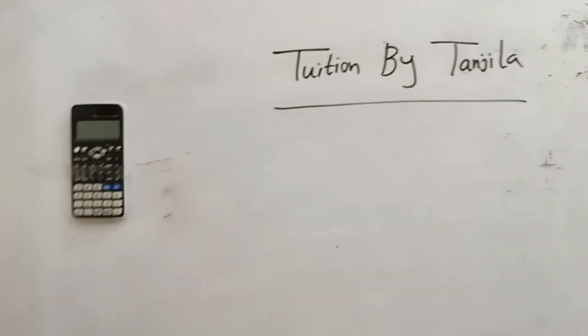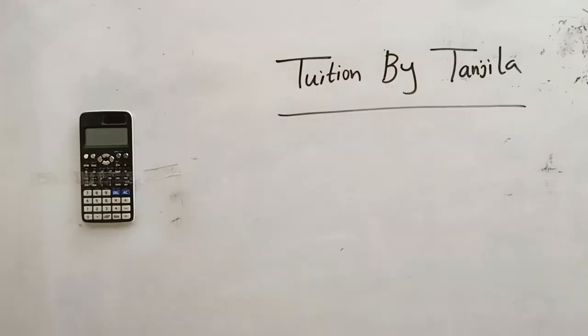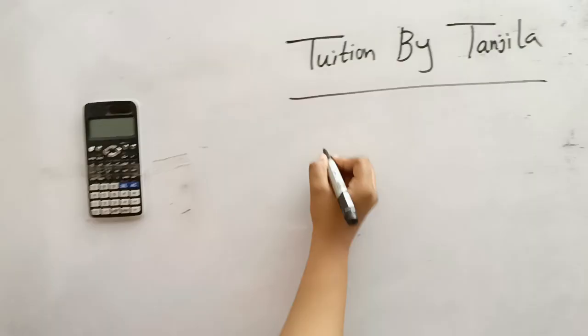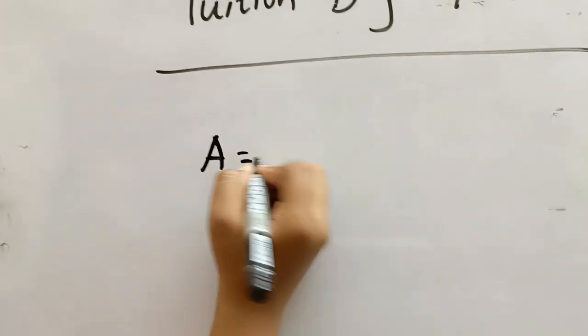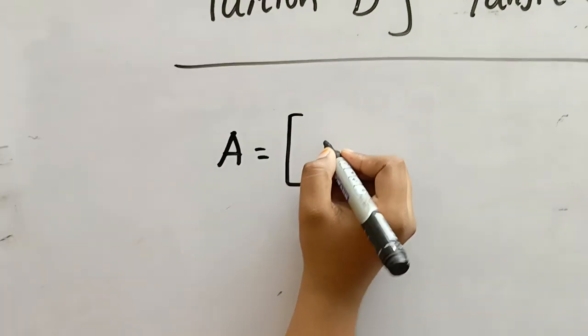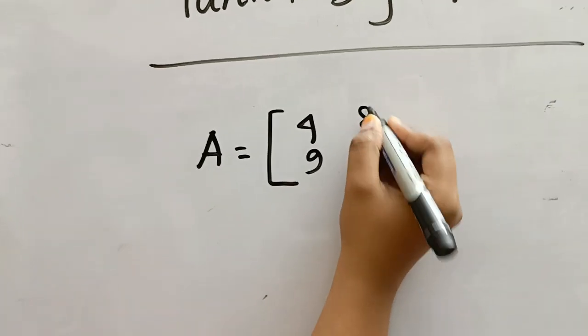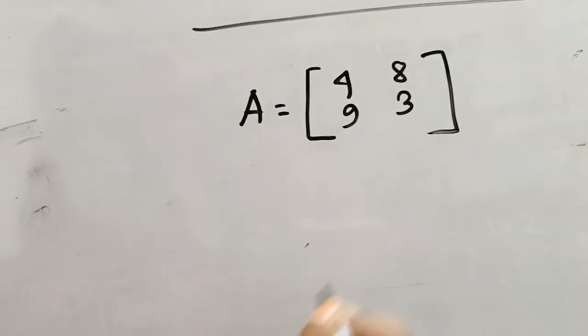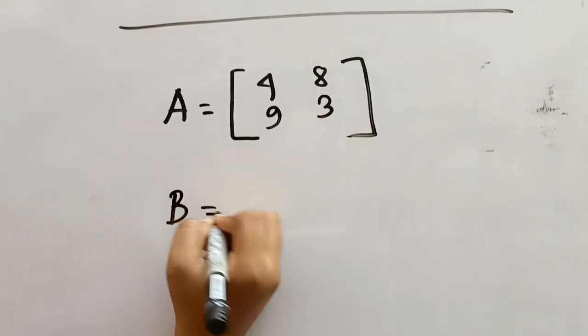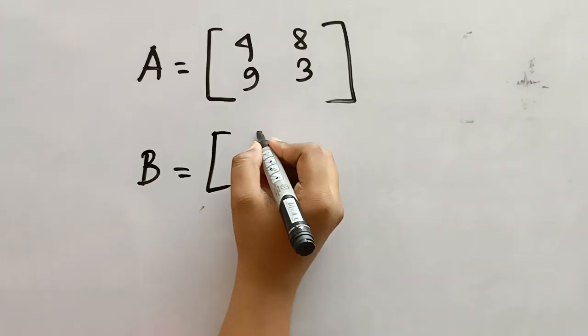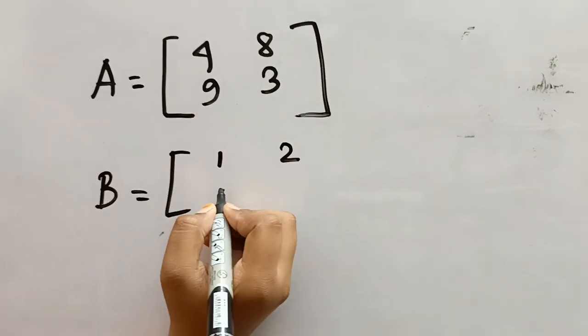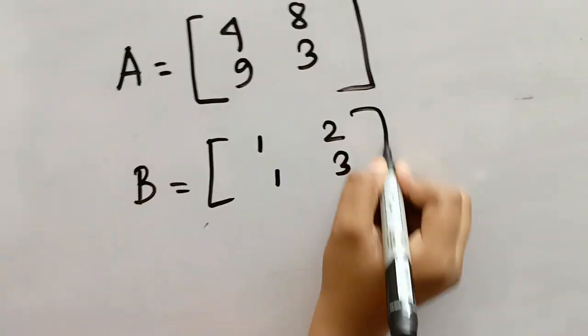So today we are going to discuss how to add and subtract two matrices by using calculator. So let's get started. Let us consider A equals 4, 9, 8, 3 and B equals 1, 2, 1, 3.